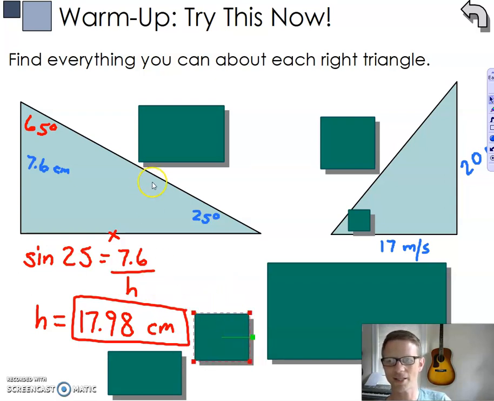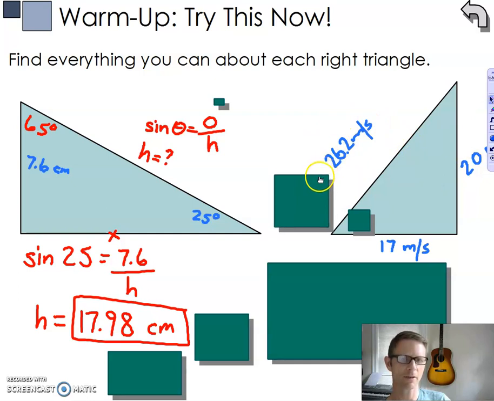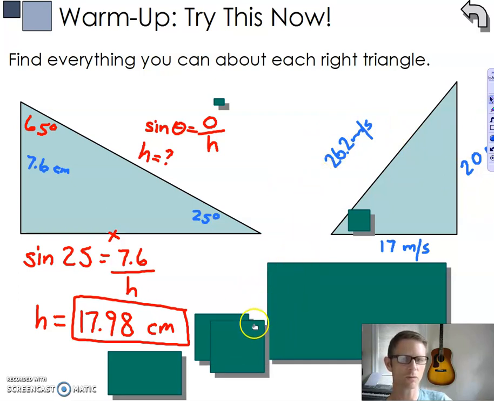And for whatever reason, I didn't get the hypotenuse here. I think I probably just used, you could get the hypotenuse using sine theta again, or you could use Pythagorean theorem. It's going to be greater than 18. I just didn't bother for some reason. And this one here, you could get this hypotenuse using Pythagorean theorem, and you get 26.2.